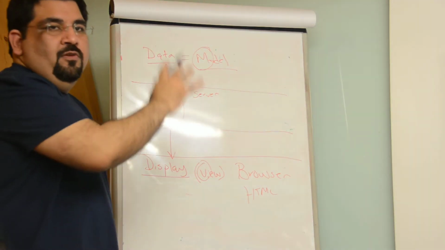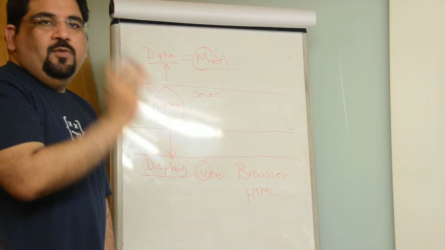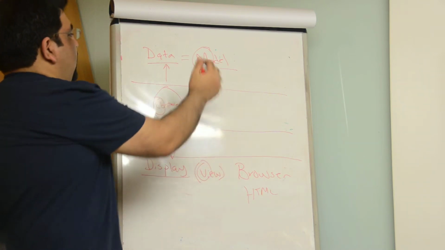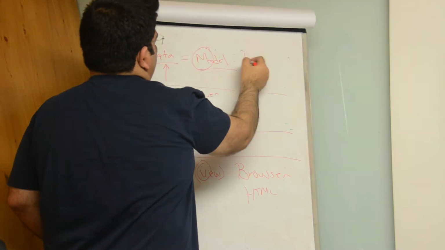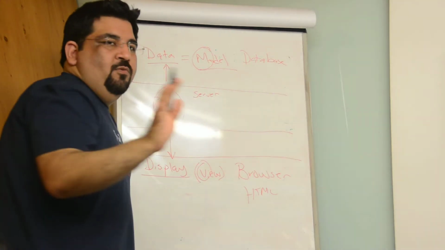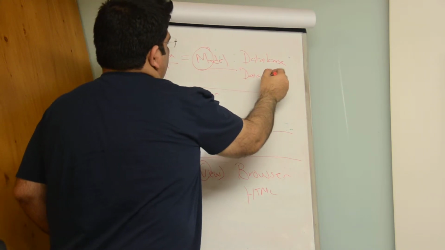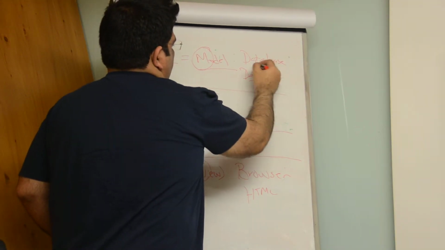You can put whatever you want here, ASP.NET, PHP, Java, ABC, XYZ, it all works the same way. And this is, of course, always your database, or let me use another word, data store.